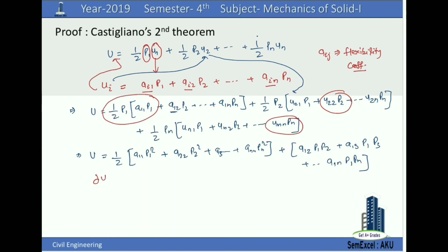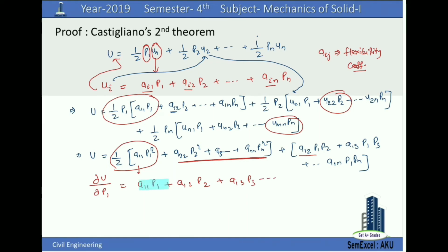Now we will do del U by del P1. What we'll get? We'll get a11 P1. There will be no contribution from these terms because there is no P1 term here, so differentiation will be equal to 0. Now in second case they will be equal to a12 P2, similarly a13 P3.